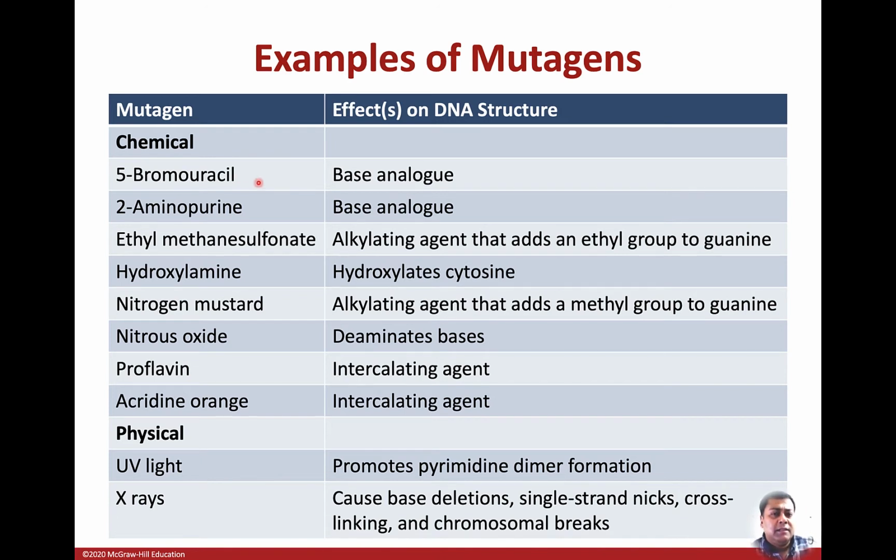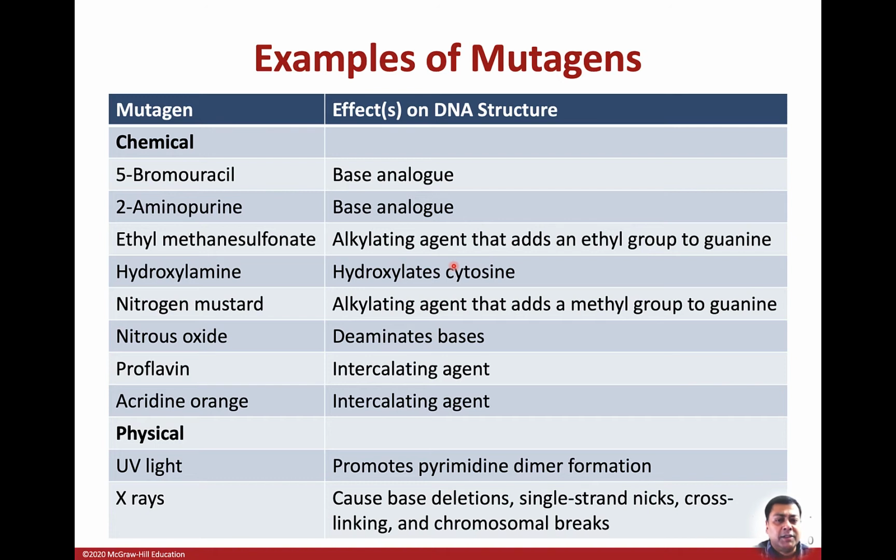So that's the bigger problem of these bromouracil or the aminopurine. Then ethyl methanesulfonate is an alkylating agent that adds the ethyl group to guanine, and hydroxylamine hydroxylates cytosine. So you can see that many of these can modify the base, and they will mispair or mismatch with their corresponding complementary bases.